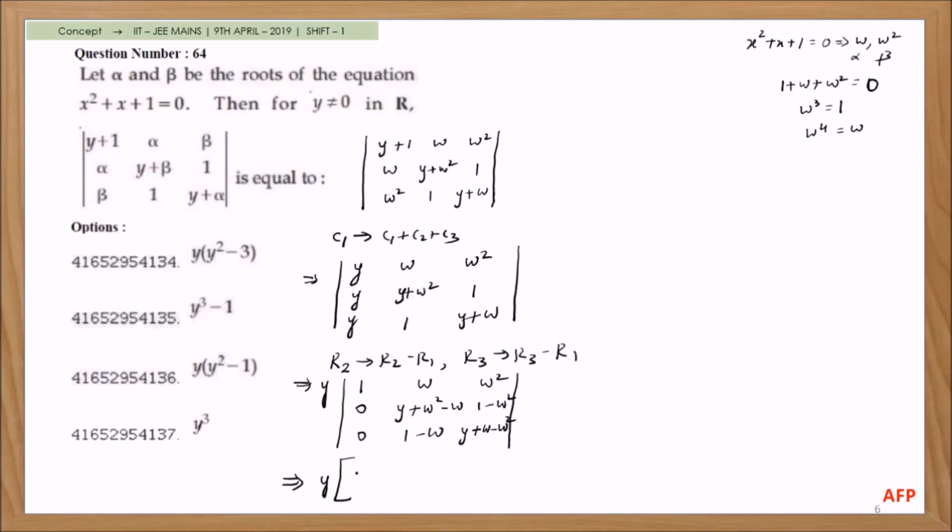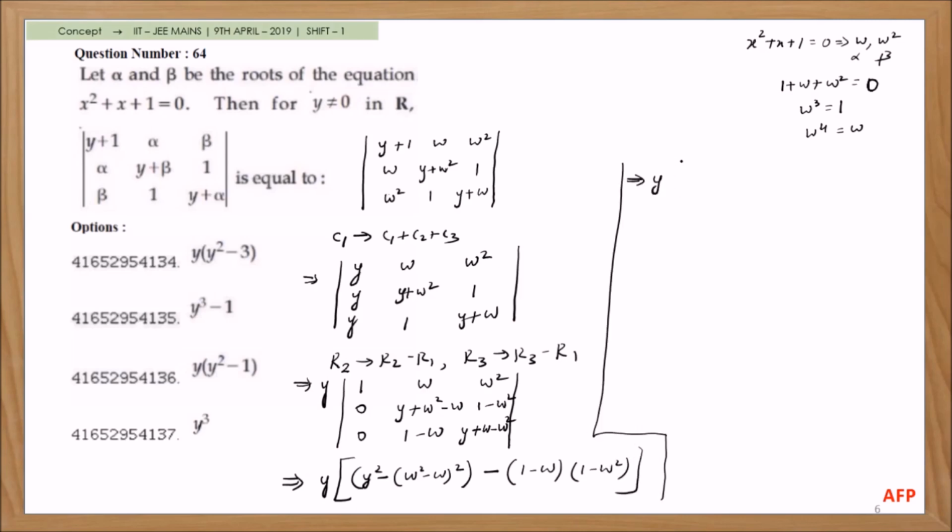Cross multiply; when you interchange this, the minus sign comes here. So what you are going to get: y square minus omega square minus 1 whole square. It is the a minus b and a plus b concept. Minus, here you are going to get 1 minus omega into 1 minus omega square. So this is what we are having.